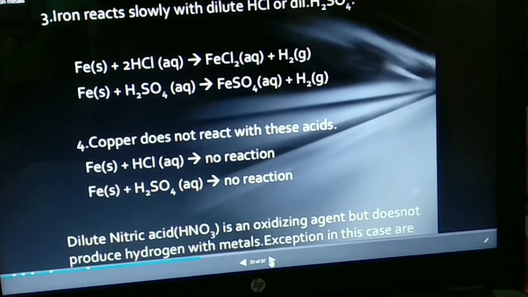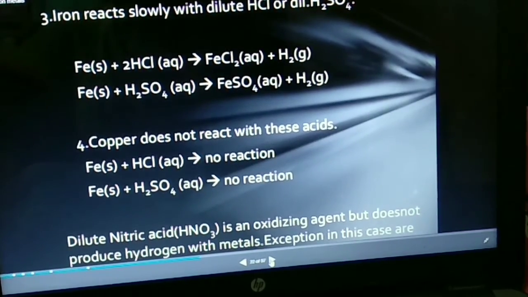So students, iron reacts slowly with dilute hydrochloric acid and dilute sulfuric acid, but copper does not react with these acids. If I write here iron plus HCl, the reaction will be completed, that is FeCl2 and hydrogen gas. But if we write copper plus HCl, there is no reaction.